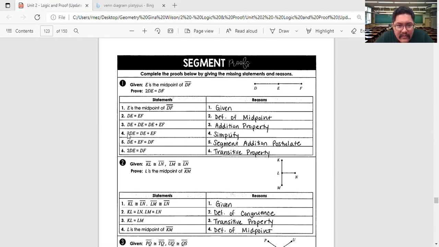And now let's see what's going on from 4 to 5, so we can get reason number 5. And it looks like, what did they do? All right, so they used the segment addition postulate.